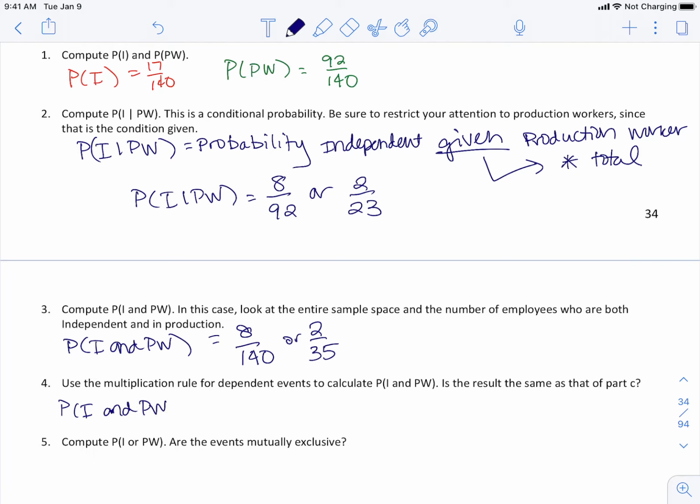All right, use the multiplication rule for dependent events to calculate the probability that someone is independent and a production worker. Is this result the same as that of part 3? All right, so let's check. I know that the multiplication rule says this is the probability of independent given production worker times the probability of a production worker. So independent given production worker is 2 out of 23 times the probability of a production worker we had, which was 92 over 140.